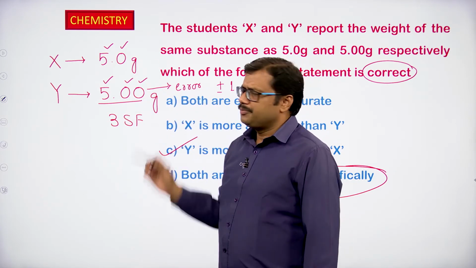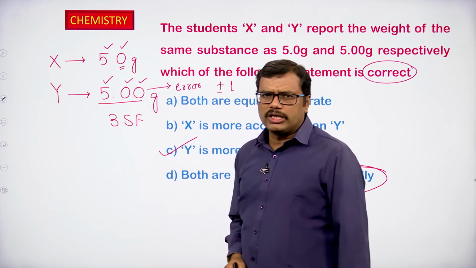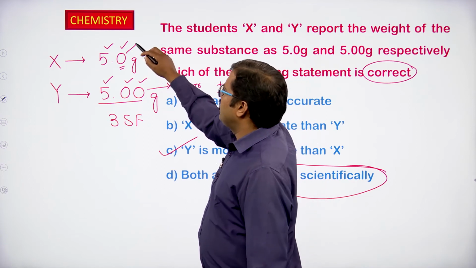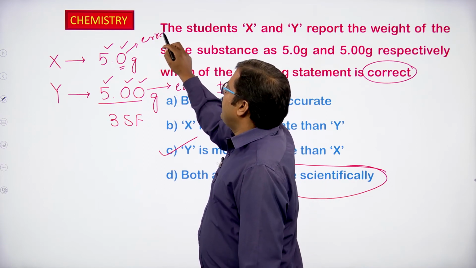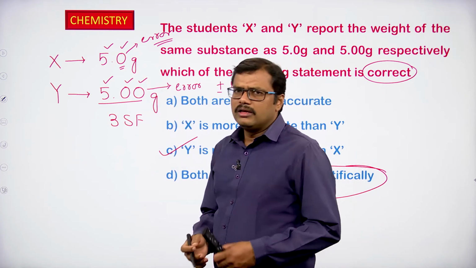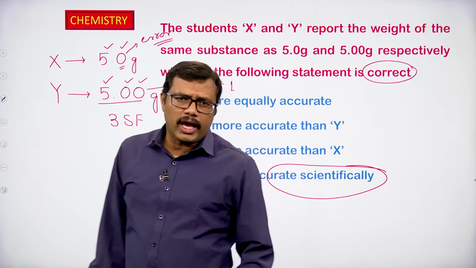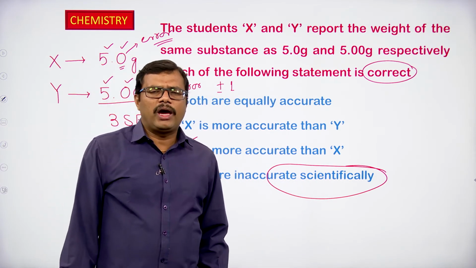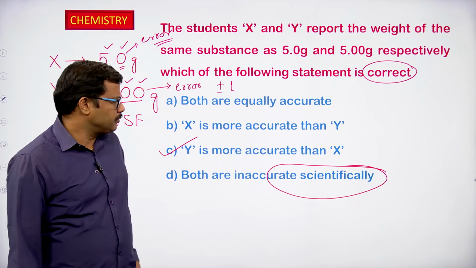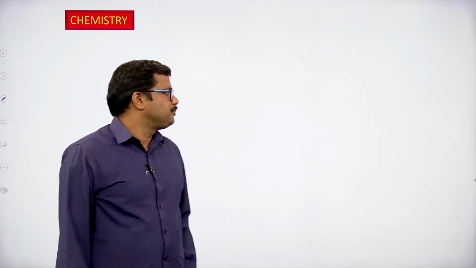But in this case, X has given the value only up to 2 significant figures, and this 0 will have an error. So, when you compare the position where the error appears, in the case of X it is more compared with Y. So, therefore, Y is more accurate in his experiment compared with student X. Okay. So, Y is more accurate than X is the correct answer in this case.